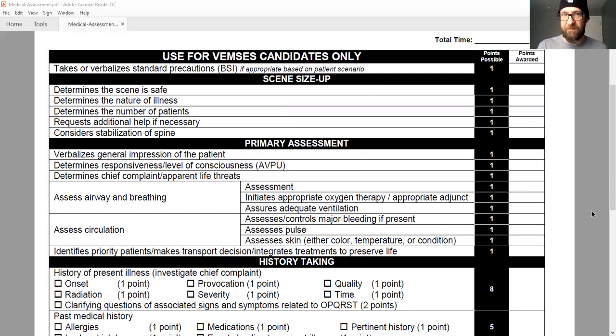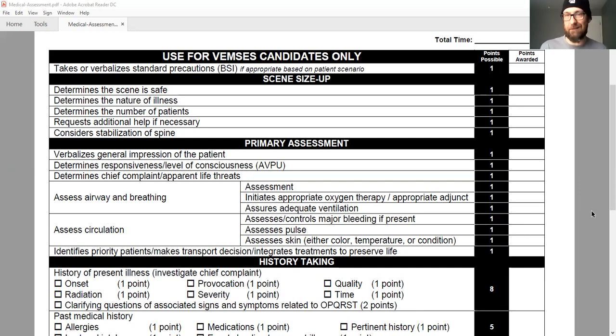Just like in real life, when you're doing one of these, you're going to get dispatch information. Why are you going on the call? What's the reason for going on the call? Sometimes this can be a little bit vague and not very specific, and sometimes it can be very specific. For example, we've gone on many calls where we're being sent out for an unknown medical emergency.